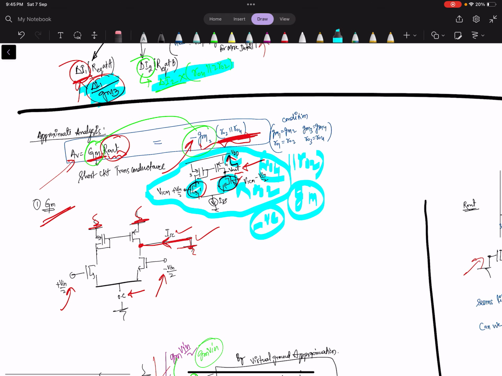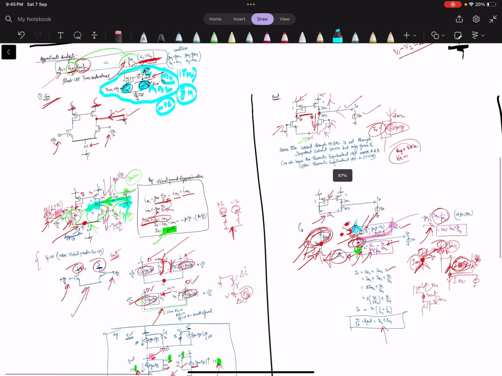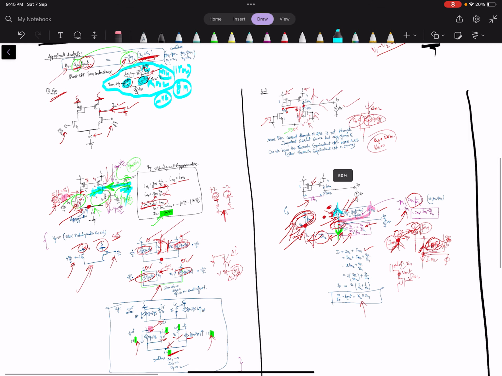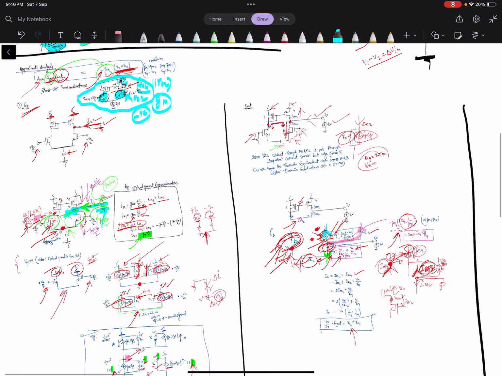So this is the complete small signal analysis of the 5 transistor OTA.